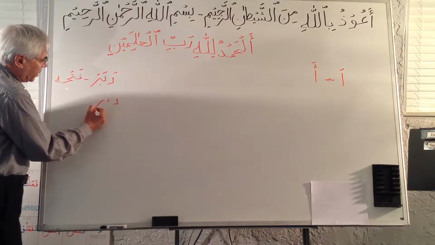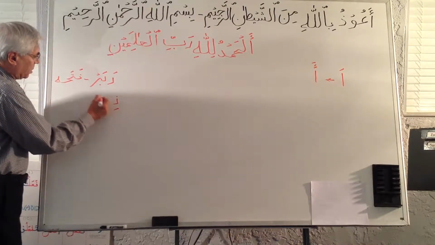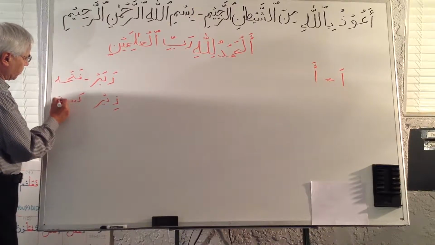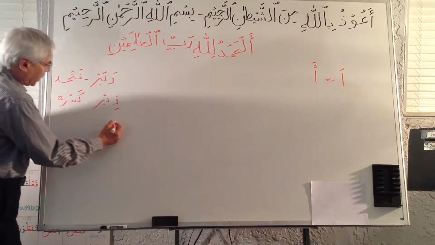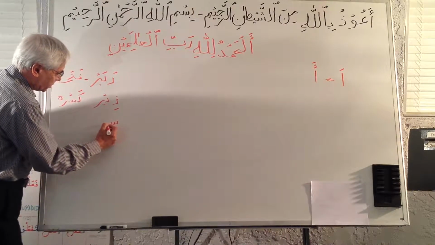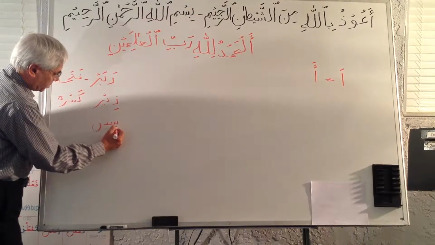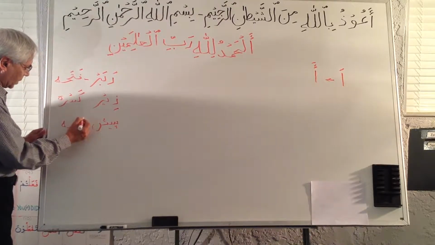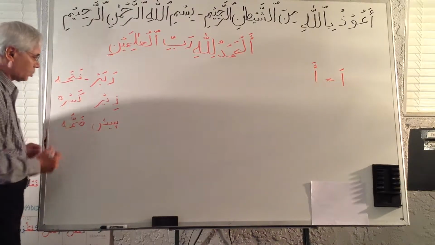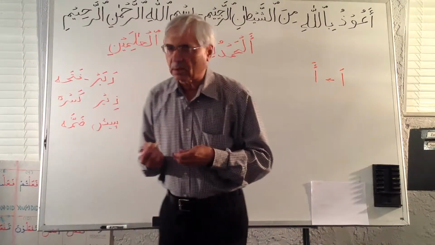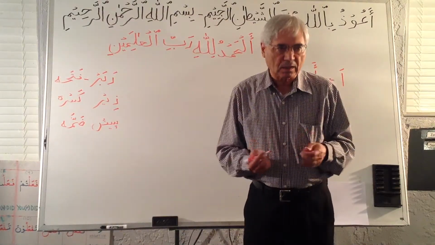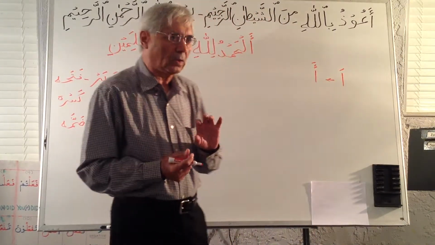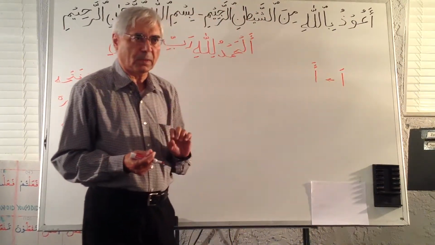Then zair is kasra, and pesh is dhamma. So whenever I say fataha, I would mean zabar. Zair is kasra in Arabic, and pesh is dhamma. So we'll use these terminologies instead of calling zair, zabar, and pesh in Arabic.